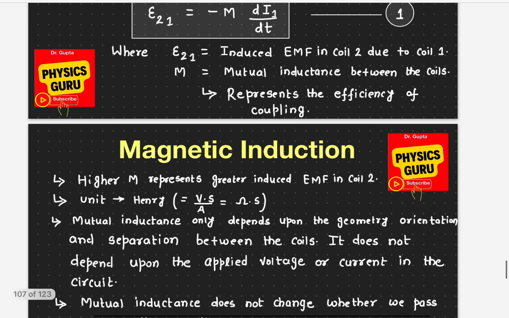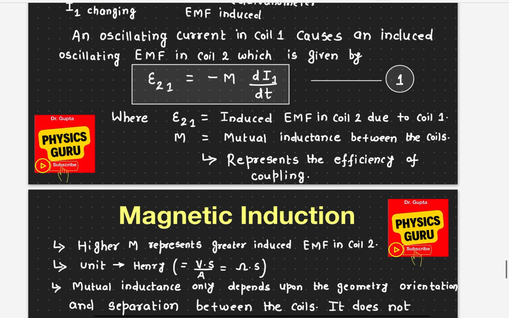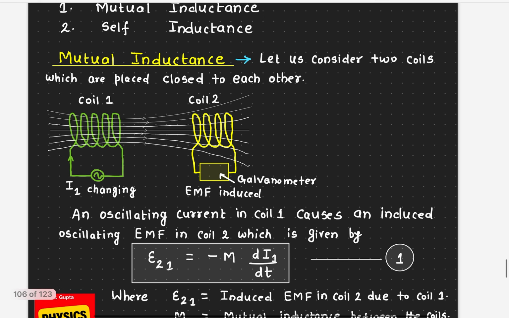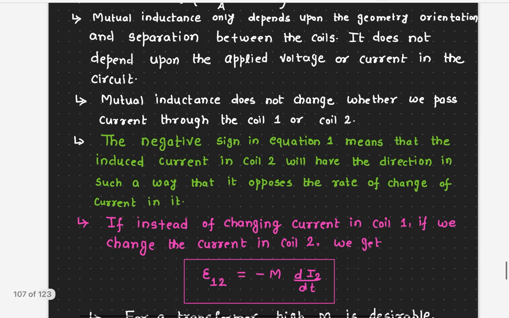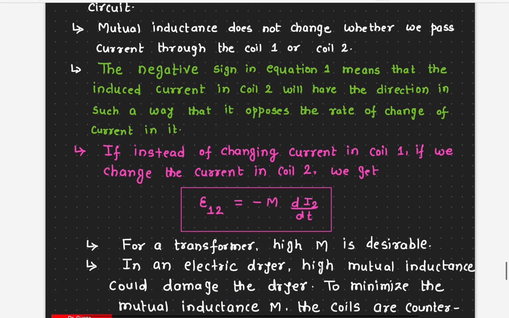Also, if coil 2 is connected to a changing or oscillating voltage, then we can write down the induced EMF in coil 1 due to coil 2 as this. So what does this mean?